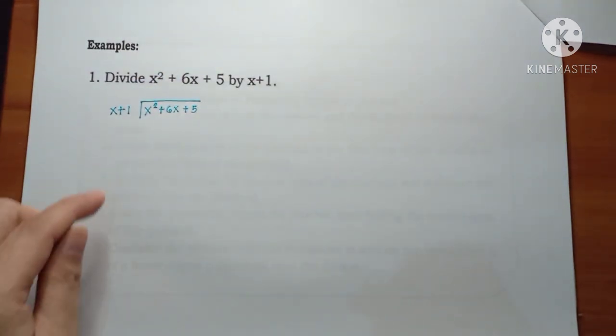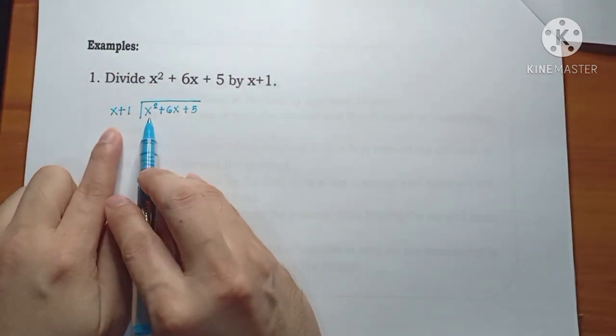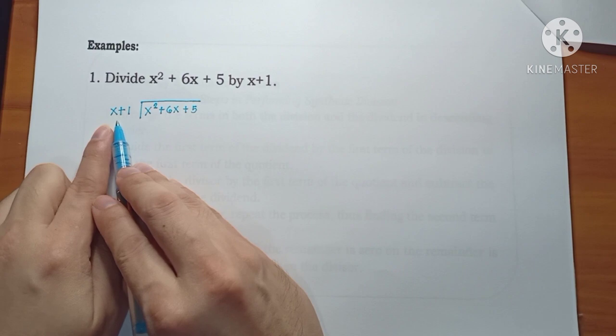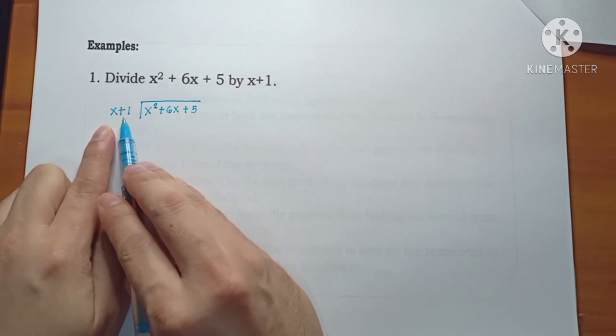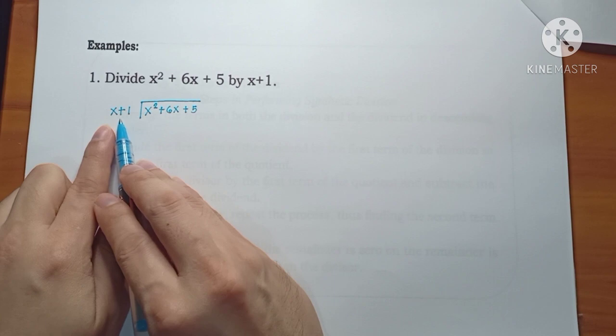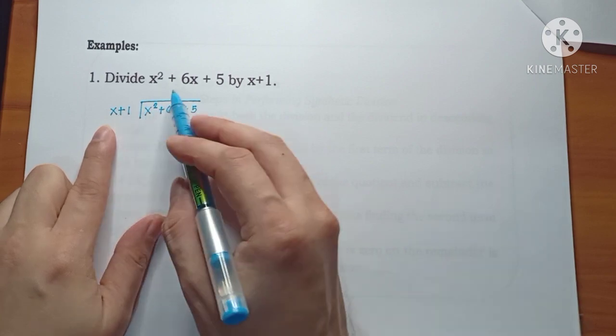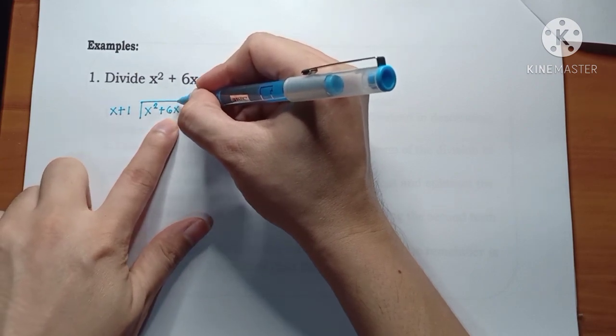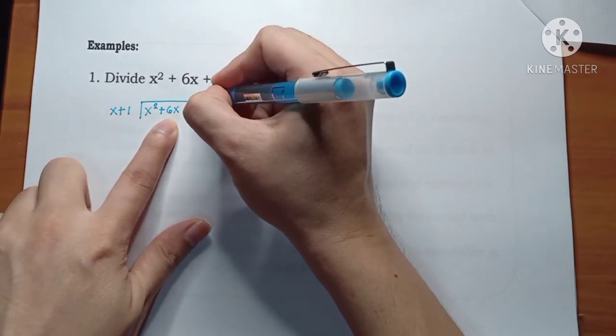So now, i-divide lang muna natin ito sa kanyang first term lang. So, x squared divided by x. Pag i-divide natin yan, sinusubtract lang ang kanyang exponent. So, x squared divided by x is x. And then, saan natin susulat yung x? Doon natin itatapat doon sa kanyang x para malaman natin na malapit patapos na siya.